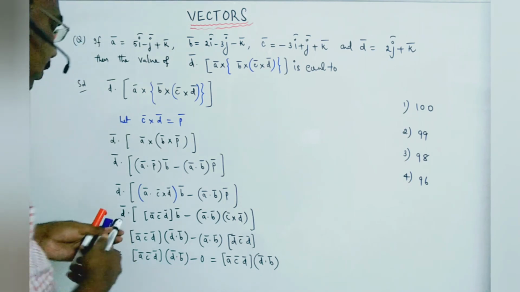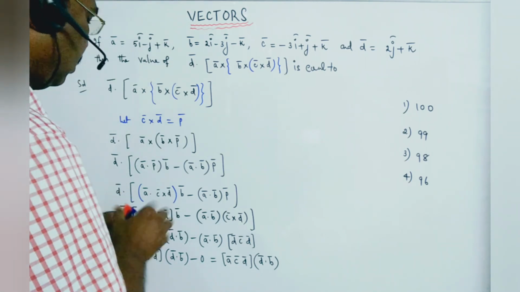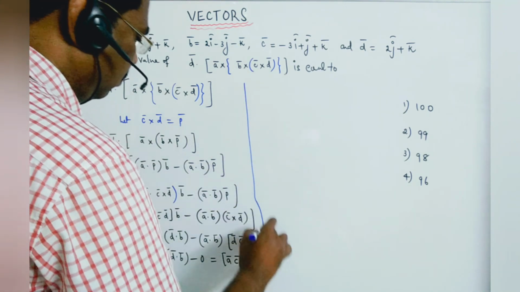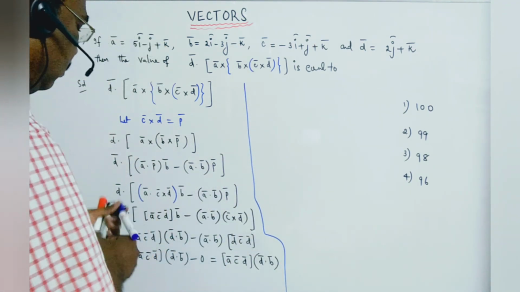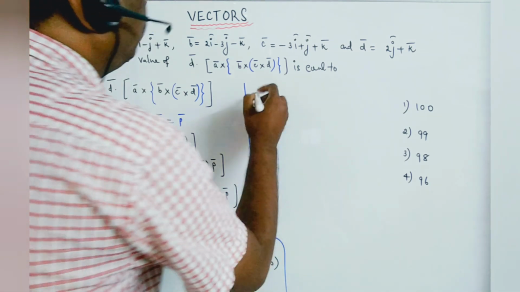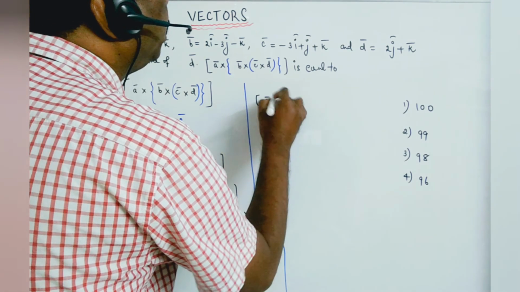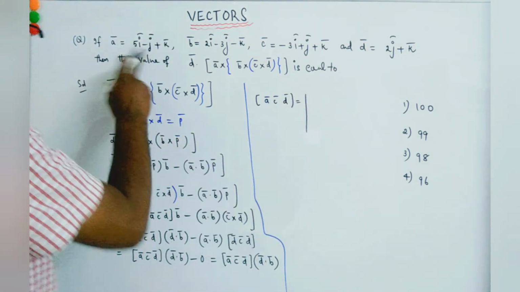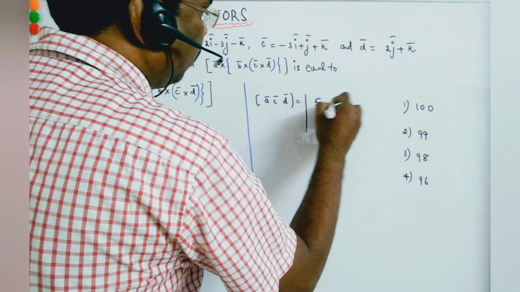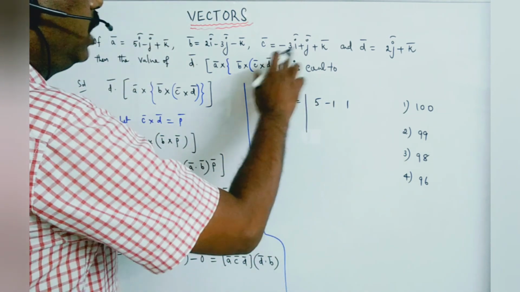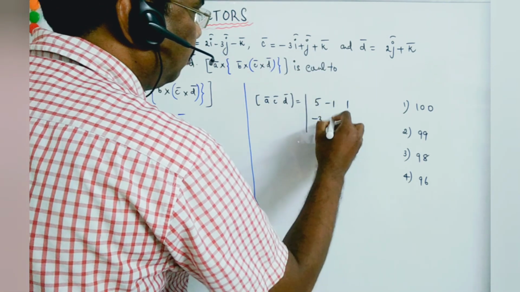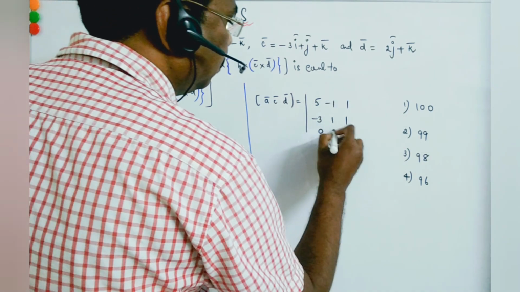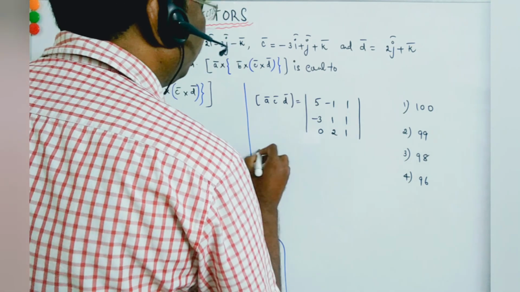Now find first box a bar c bar d bar, which equals the determinant with rows 5, minus 1, 1; minus 3, 1, 1; and d bar value 0, 2, 1.